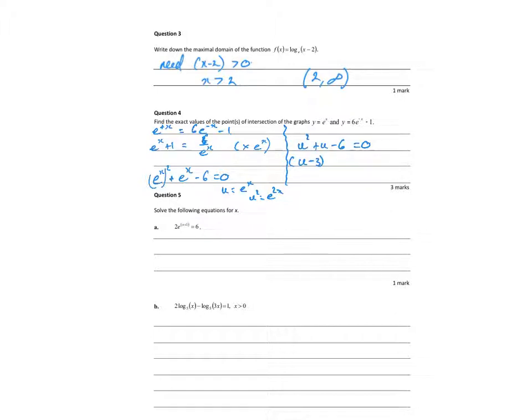U minus 2, u plus 3 is equal to 0. So u equals negative 3 or positive 2. U is e to the x. E to the x is equal to negative 3 or e to the x is equal to 2.